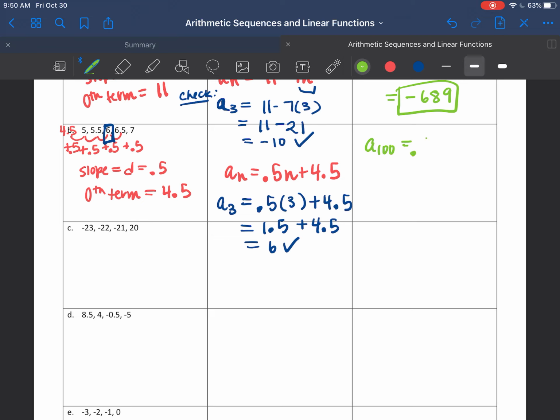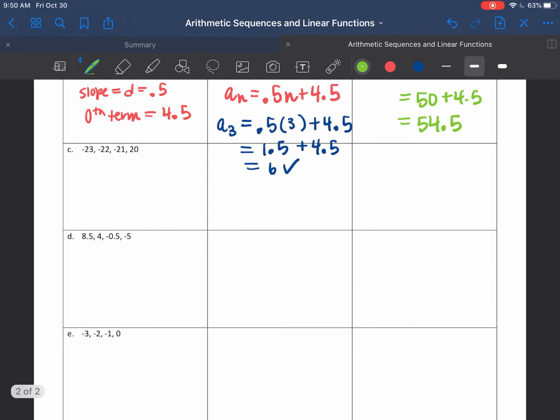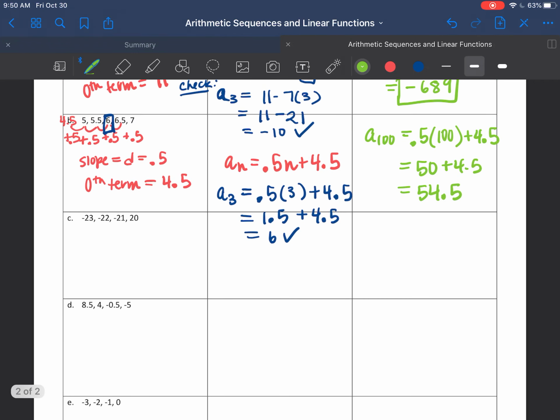Now we can use that formula to find the 100th term. Multiply 0.5 times 100 and then add 4.5. Gives us 50 plus 4.5, 54.5.